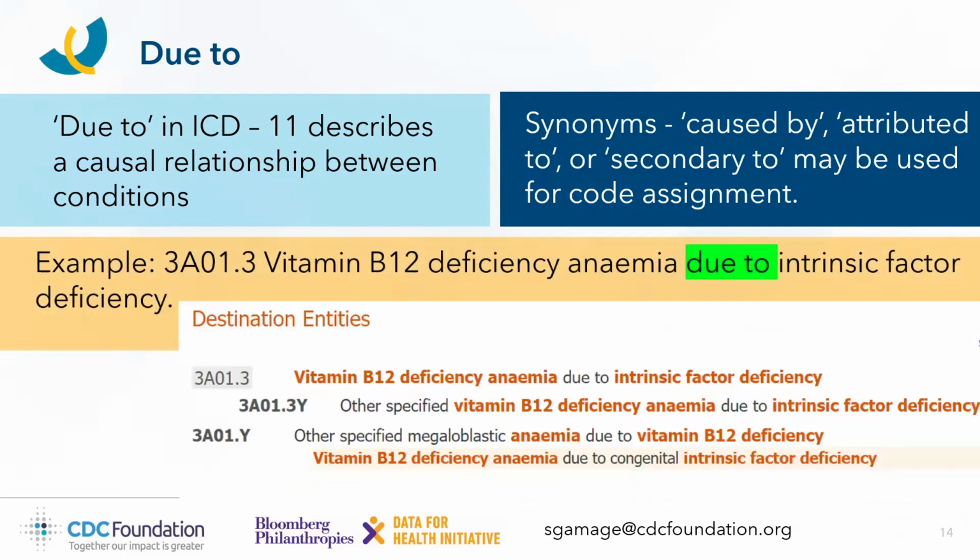For example, 3A01.3, vitamin B12 deficiency anemia due to intrinsic factor deficiency. And here there is another code, 3A01.3Y, other specified vitamin B12 deficiency anemia due to intrinsic factor deficiency. So this is an example of a previous convention we discussed, other specified.